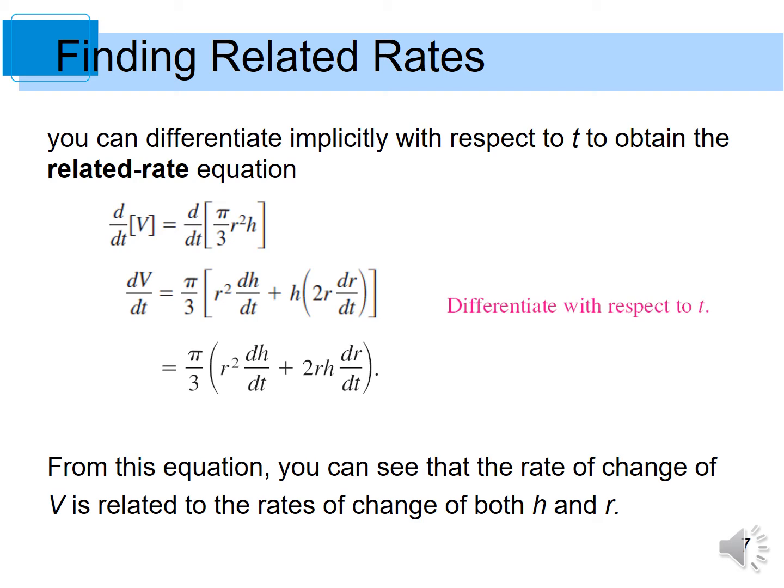So we say r² is the first function, and h is the second function. In this step, the main rule is the product rule. We differentiate the second function implicitly times the first function, plus we differentiate the first function implicitly with respect to t times the second function.